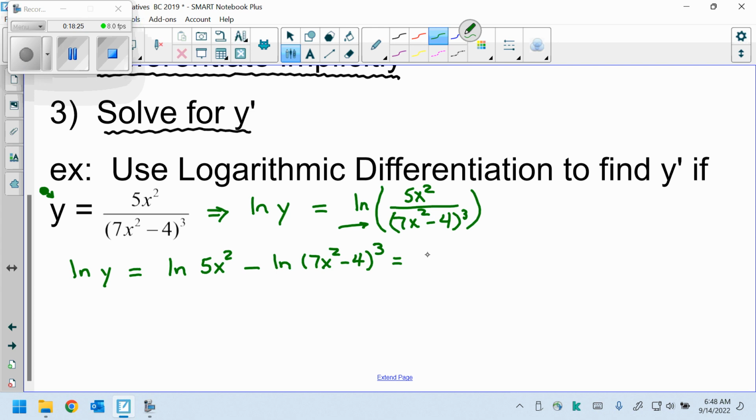I can call this natural log of y equaling, could I call this the natural log of 5 plus the natural log of x squared, minus, could I bring this 3 around front? 3 natural logs of 7x squared minus 4.